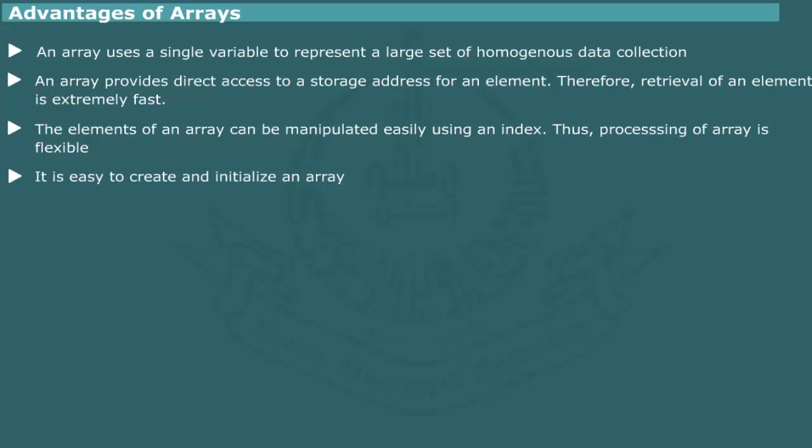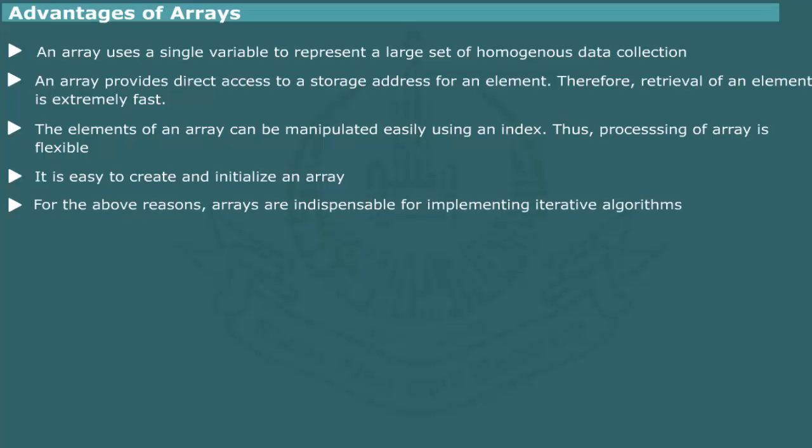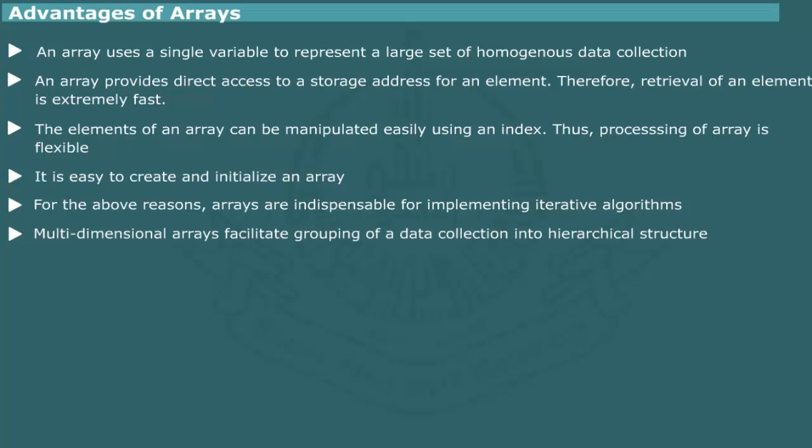Almost all programming languages support creation and initialization of arrays with the help of simple declarative statements. Number 4. Arrays are indispensable in implementing iterative algorithms. It is easy to set up loops by taking advantage of array index sets. Number 5. Multidimensional arrays facilitate grouping of homogeneous data items into hierarchical structures.